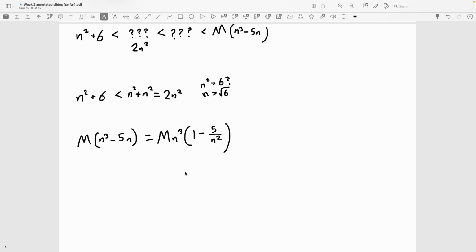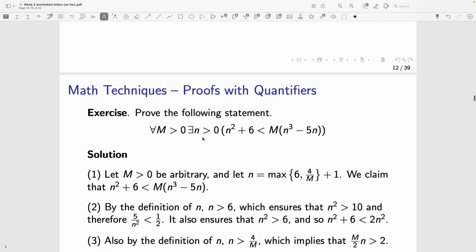Now it's time to guess and check a value of n. We want a lower bound for n, meaning that n is greater than some value. And that lower bound should be positive. Those conditions are both just to be consistent with there exists n greater than 0.